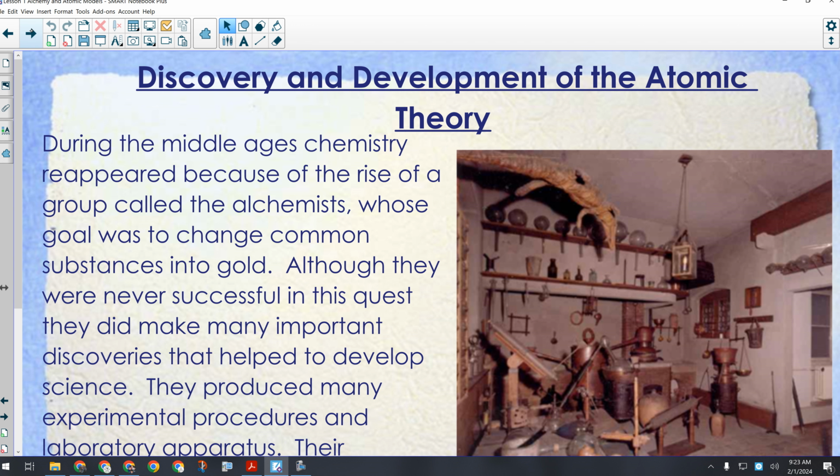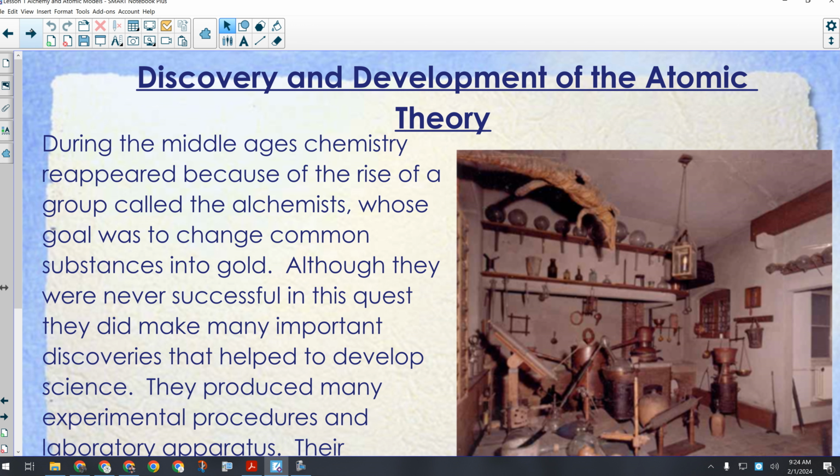They just mixed stuff together in hopes that they could make gold, or come up with some concoction that would make you live forever. Which, by the way, they made up a lot of those that did the exact opposite. A lot of people died drinking their elixir of life, which usually contained poisonous stuff. But in doing that, they actually discovered a lot of things about the behavior of matter.